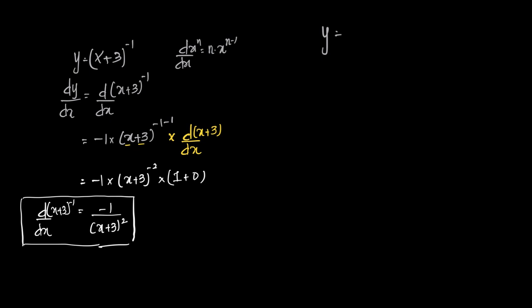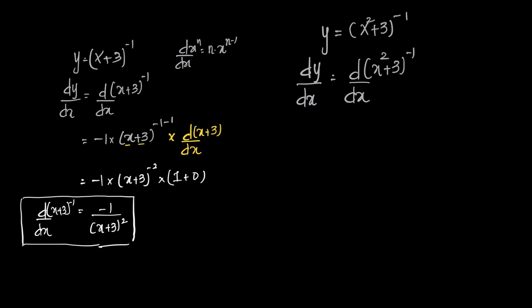So let's say we have y is equal to x square plus 3 the whole raised to the power minus 1, in which case dy by dx will be equal to d by dx of x square plus 3 whole to the power minus 1. We know that d by dx of x to the power n is equal to n into x to the power n minus 1.